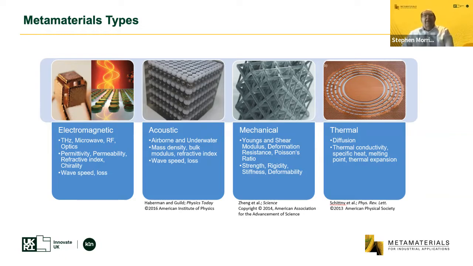So what are we talking about? Well, there are a number of different types of metamaterials, as I've already alluded to. Acoustics, we've just run an acoustics session this morning, and in fact there's another one at the moment related to the built environment and construction. So we're talking about controlling sound, and indeed it's often linked to controlling thermal properties too.